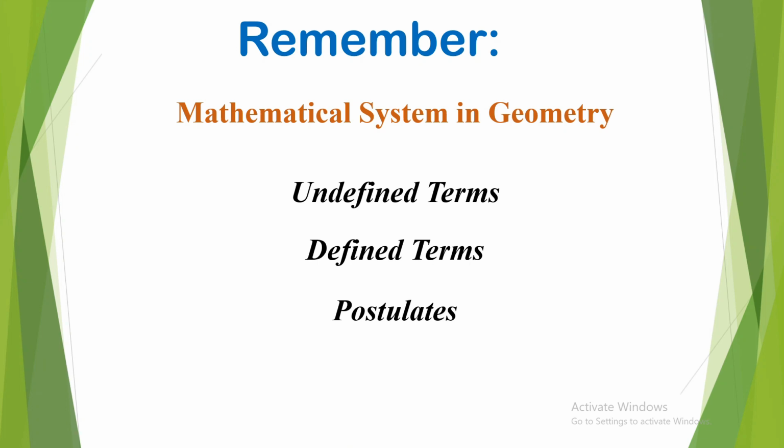Then we also have the third component, the postulates. We have a line can be drawn from a point to any point. A circle may be described with any center and radius. All right angles are equal. Through a given external point not on a line, there can be drawn only one line parallel to a given line.